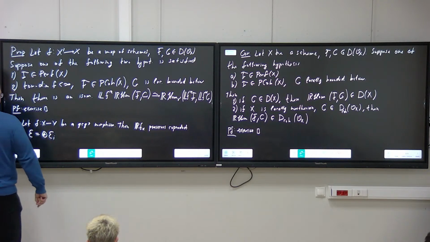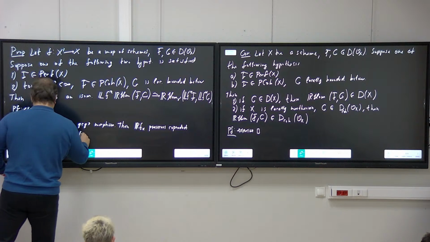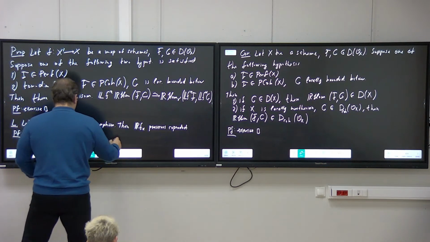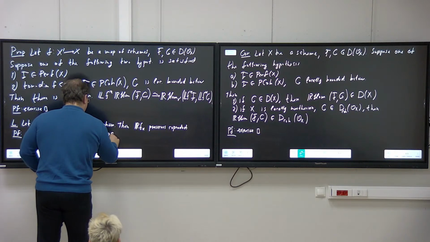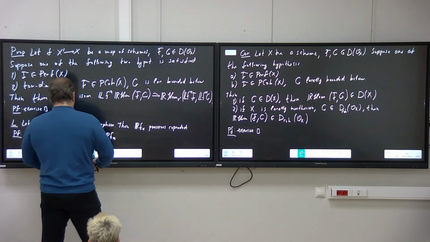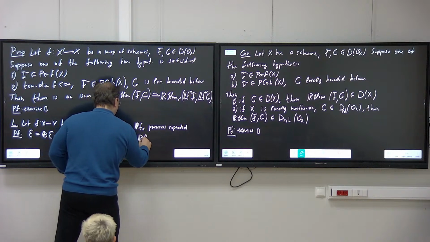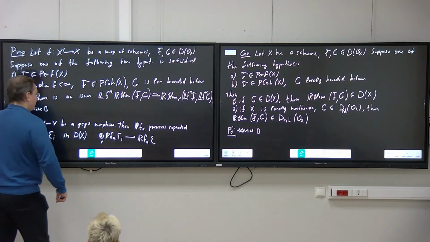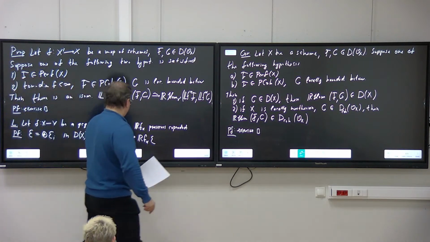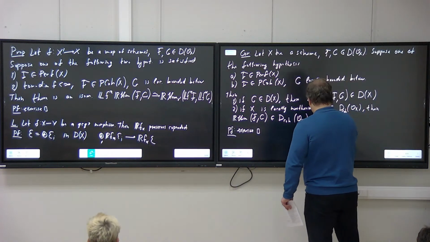That's a coproduct in the D of X. Now, of course, we have a natural map from the direct sum of the direct images of the E_i to the direct image of E, that's just from the universal property of the coproduct. So I want to show that this canonical map is a quasi-isomorphism.